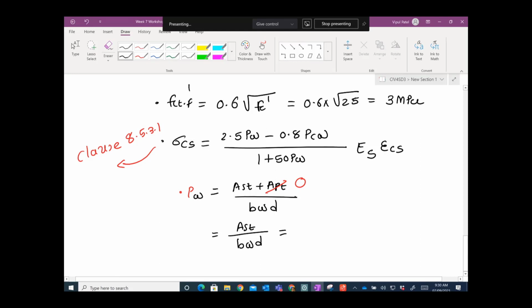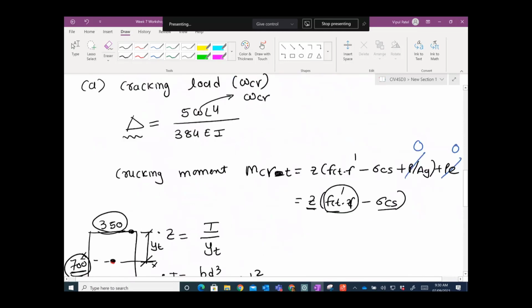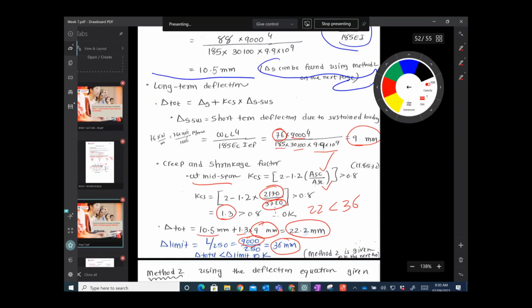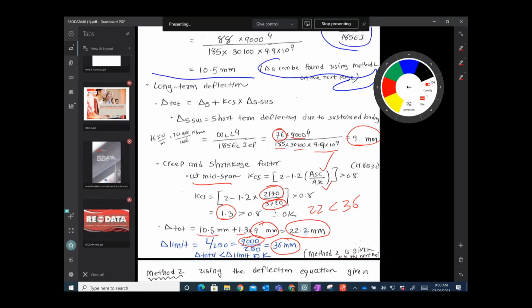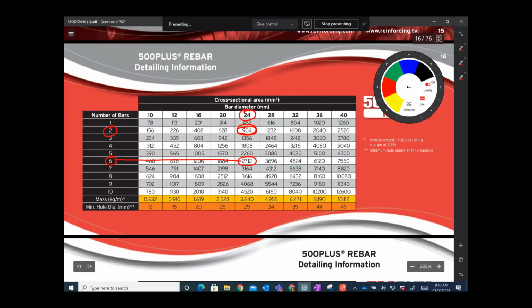Now AST, area of the tension steel, right? You have these 4 bars. How much was that? It was 4 N24. So AST equal to, if I go back and take the Rho table, 4 N24, you have 4 bars of 24, 1808 is the AST value.